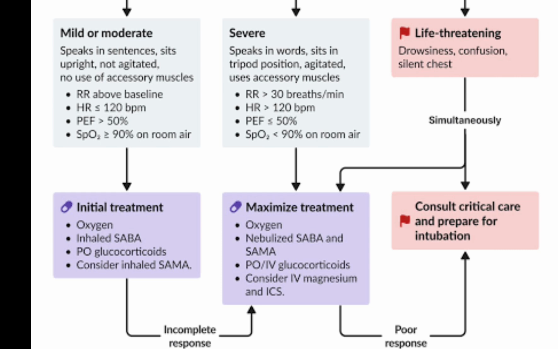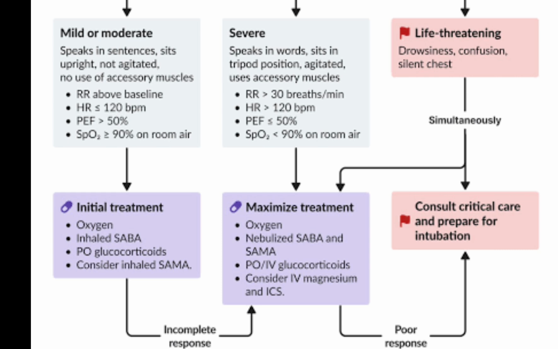And we can also give oral or IV glucocorticoid depending upon the patient's condition. And after that, if the patient does not improve in 1 hour, we can also think of giving IV magnesium sulfate and inhaled corticosteroids.